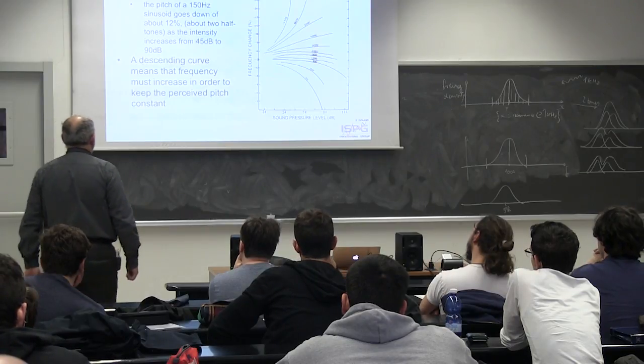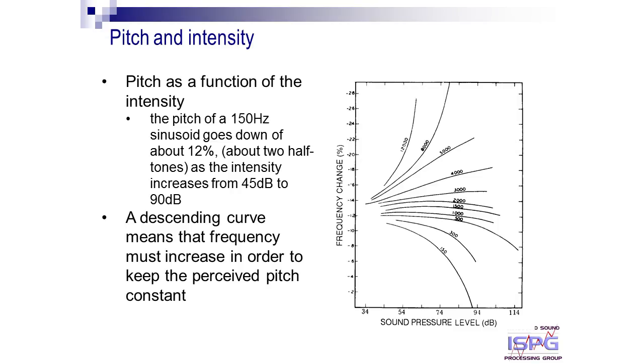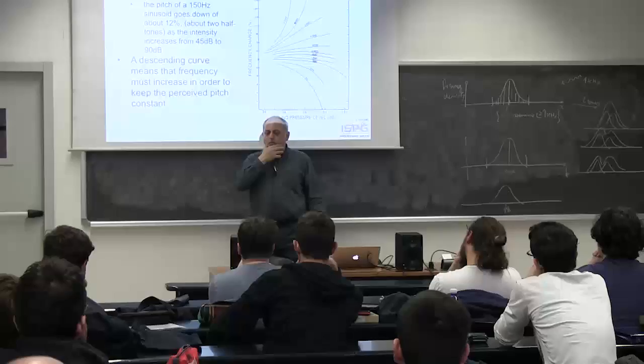There's a very interesting diagram here that I like to show because it's very indicative of what's going on. This diagram tells you, first of all, you have two objective measurements here: sound pressure level, which is an objective measurement, and frequency change, expressed in hertz.